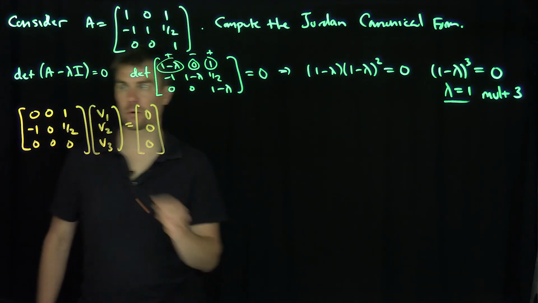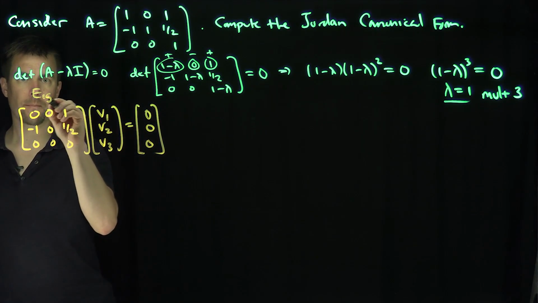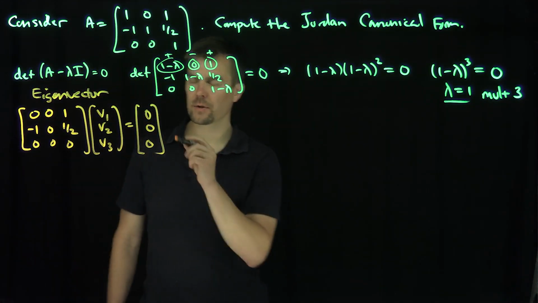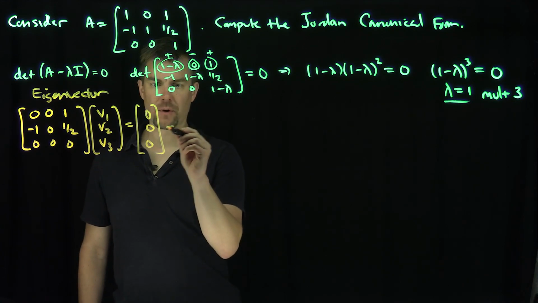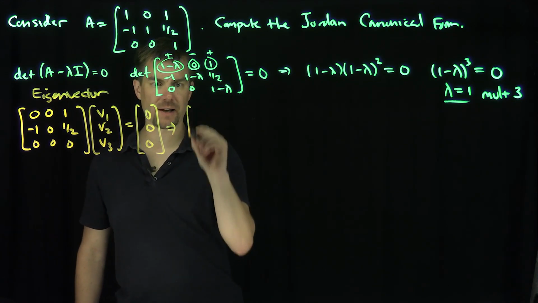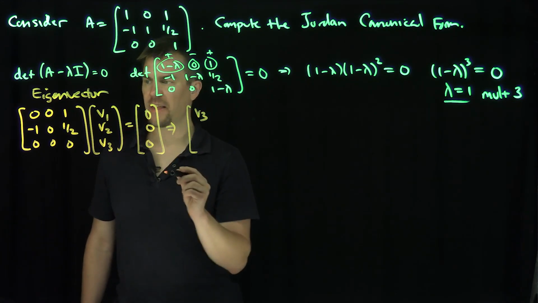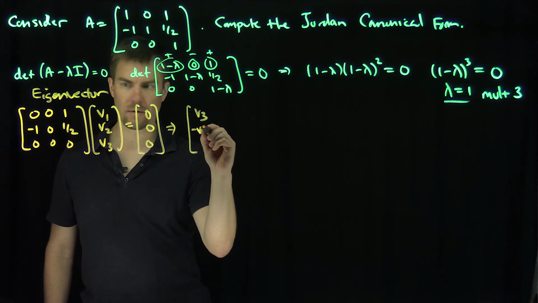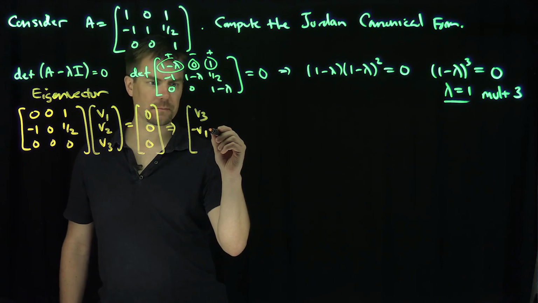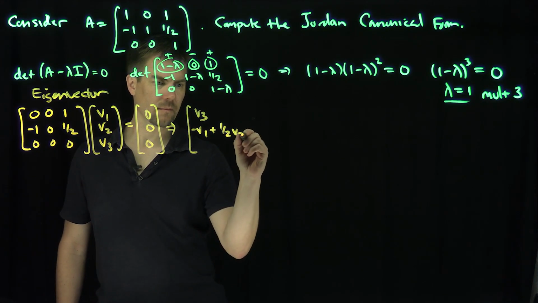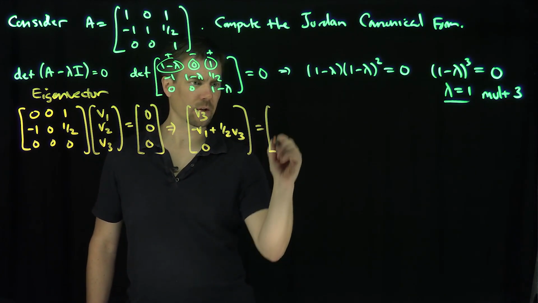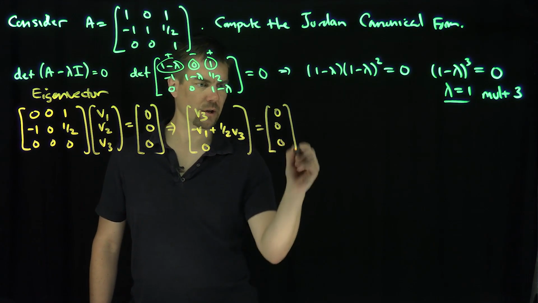Okay, so this is my eigenvector equation. If we expand this out, we have V3, and then negative V1 plus 1 half V3, and then nothing, 0, is equal to 0, 0, 0.